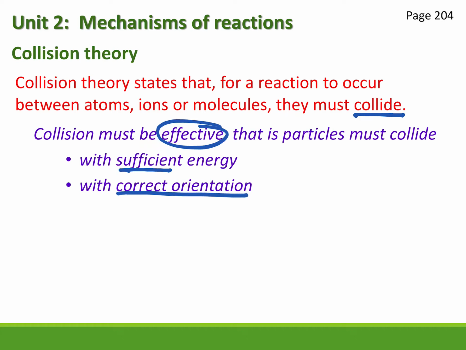So it's just not enough to collide. They've got to collide fast enough, and they've got to collide in the correct way. Okay? If one of these is not correct, the reaction will not happen.